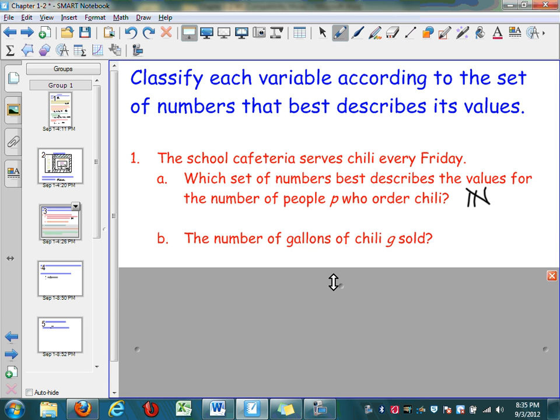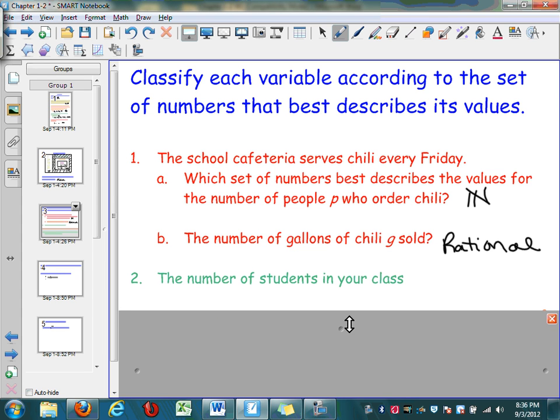Okay, the answer to this is you can buy partial gallons, meaning you can buy a fraction of a gallon. So can you tell me which number system represents a fraction of a gallon? Is that going to be real, irrational, rational, integers, or the natural numbers? And the answer to this is going to be your rational numbers, meaning it can be represented as a fraction.